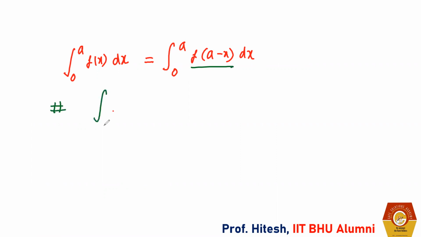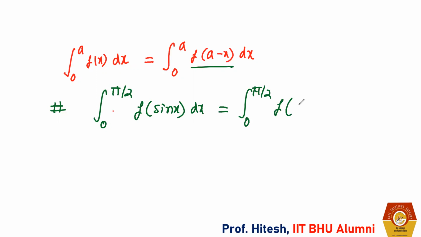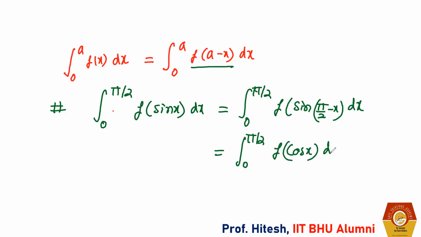You can say, if you have the integral from 0 to pi by 2 of f of sin x, can you say it will be the integral from 0 to pi by 2 of f of sin of pi by 2 minus x? Sin of pi by 2 minus x is cos x. It is equal to the integral from 0 to pi by 2 of f of cos x.